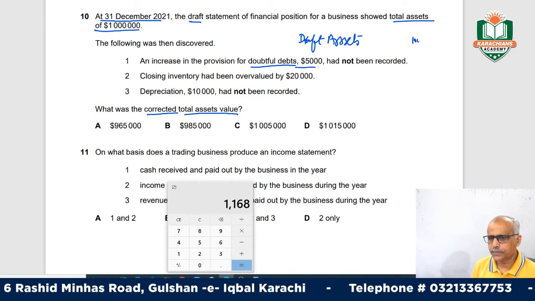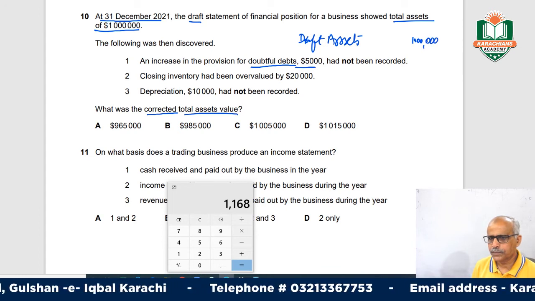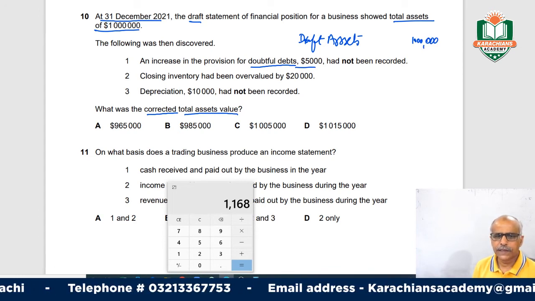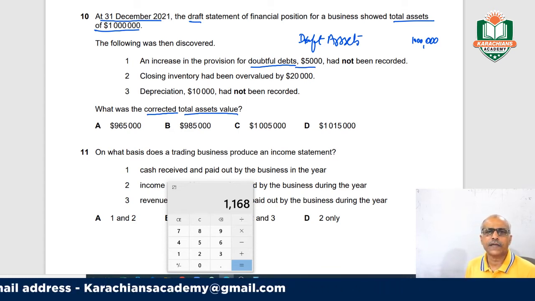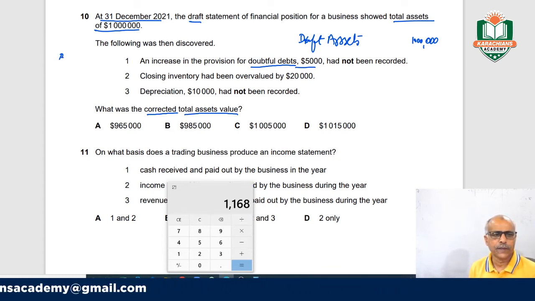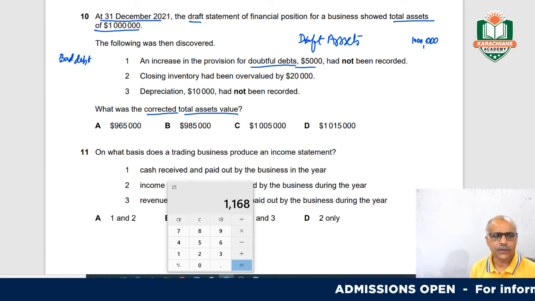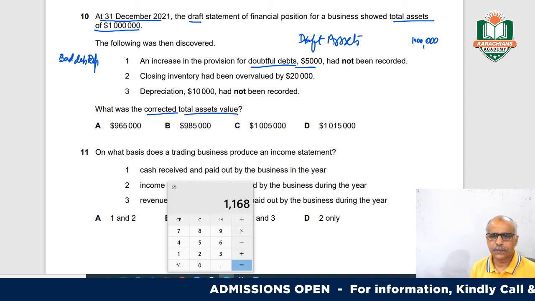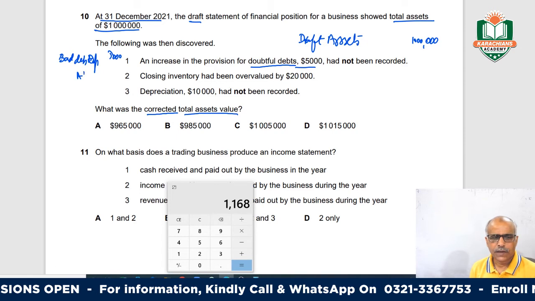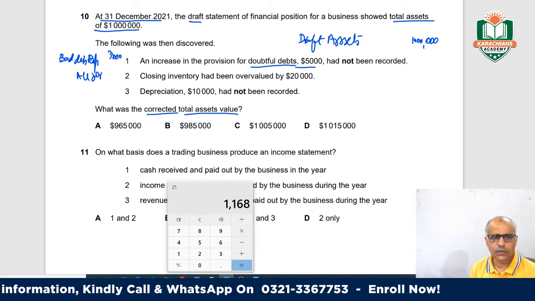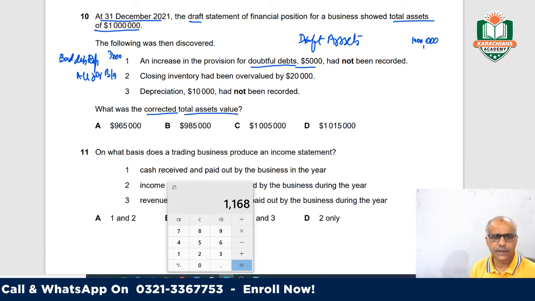So the draft assets are $1 million, right? An increase in the provision of the doubtful debt. When the doubtful debts are increased, we normally make an entry of bad debt expense, or P&L expense, debit, and allowance for bad debt credit.